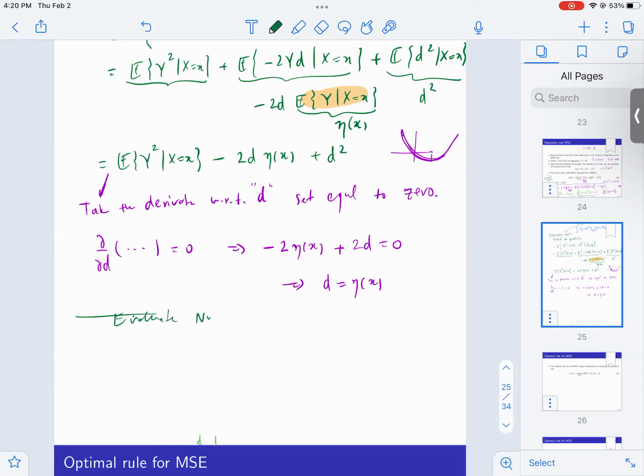Let's say the Nadaraya-Watson estimator, eta hat x, is the summation of k of xi minus x over h times yi, divided by k naught of xi minus x over h. It would be the translation invariant one.